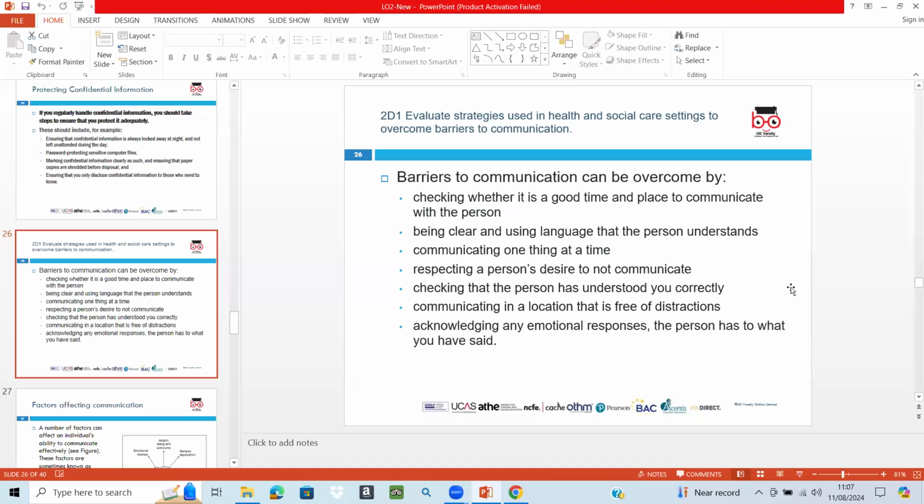Then we have acknowledge any emotional responses. It is important to recognize and address the service user's emotional reaction. For example, if a service user becomes visibly upset after receiving a diagnosis, we need to take the time to acknowledge their feelings, offer support, and ensure they understand that their concerns are heard and validated.